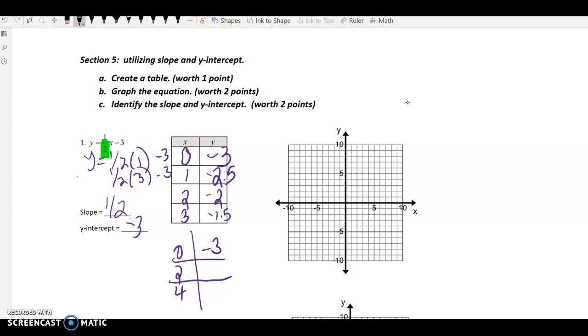If I plug in 2, I would get 1 half times 2 over 1, minus 3, and you would get -2. If you plugged in 4, you would get 1 half times 4 over 1 minus 3. And that would give you your y value. Well, you would get -1.